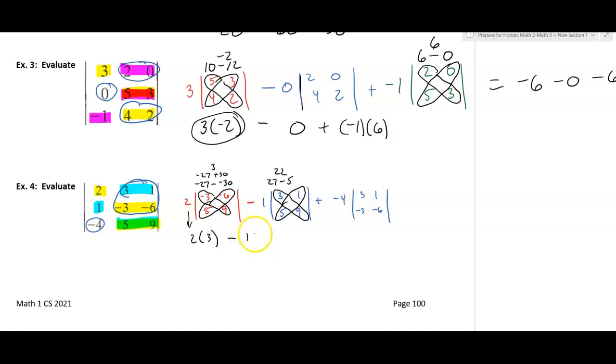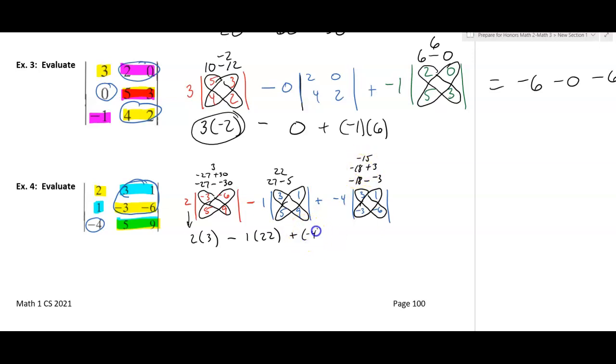So it's -1 times 22 plus, right, that's going to be -4 times the determinant here, which would be -18 minus -3, -18 plus 3, which is -15.